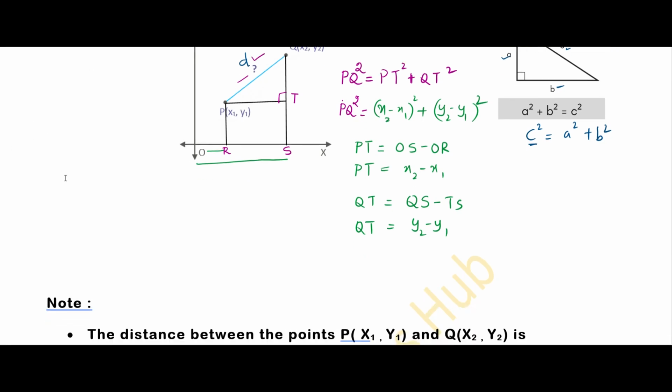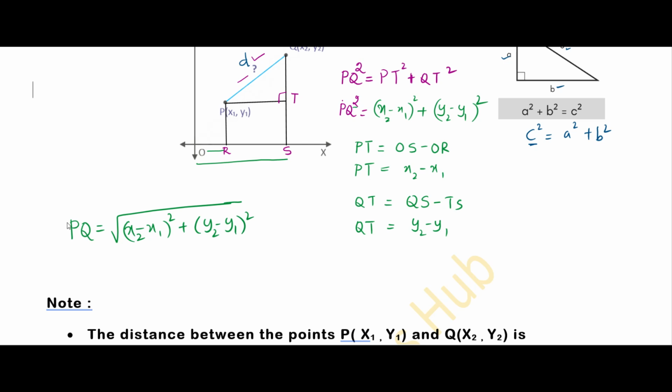Now the distance between the points P of x1 y1 and Q of x2 y2, PQ equals, now I'll remove the square and put the square root on the other side. We get the distance between the two points is given by the square root of x2 minus x1 whole square plus y2 minus y1 whole square.